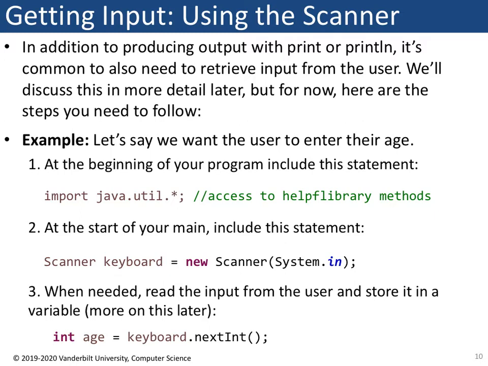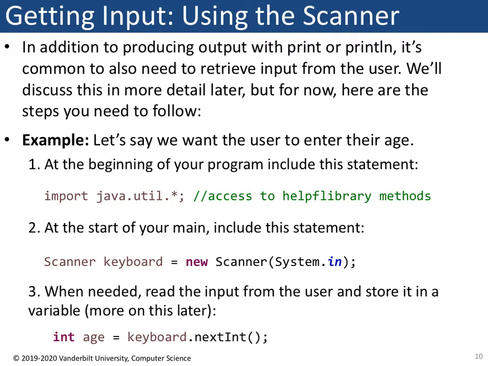So when we want to read the user's age that they type in, we will say int age. So we're storing it into a variable called age, and we'll talk more about that a little bit later. And then to get the input and put that into age, we say keyboard.nextInt().